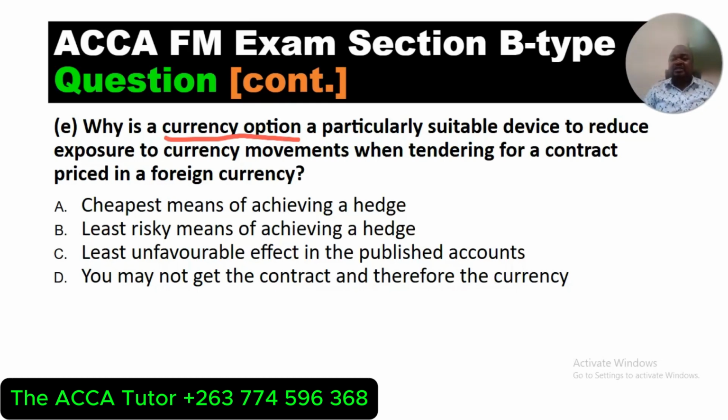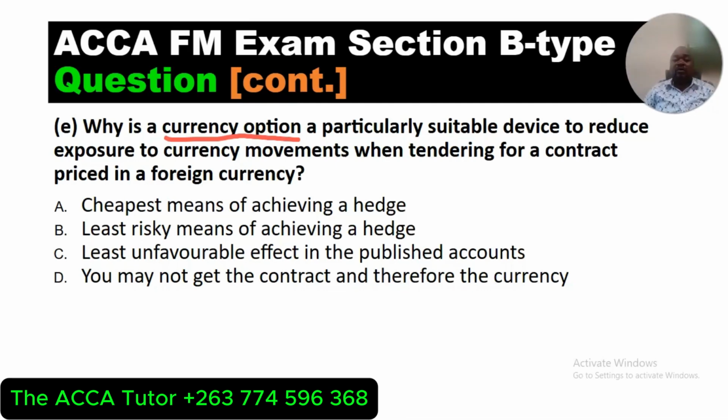So there is an option premium that is payable. B, least risky means of achieving a hedge. Against what? A risk against what? It's not really an answer I am comfortable with, but I just continue with the choices.